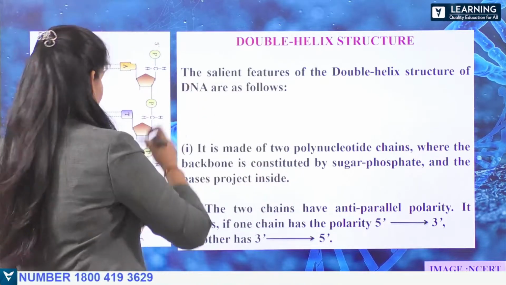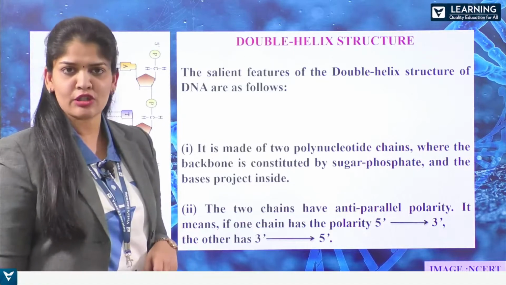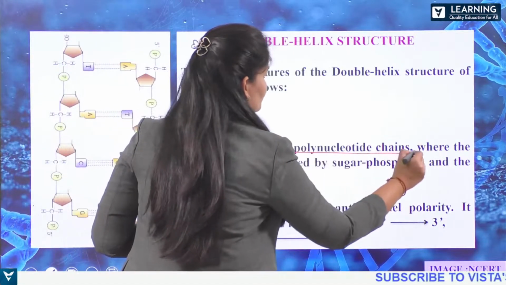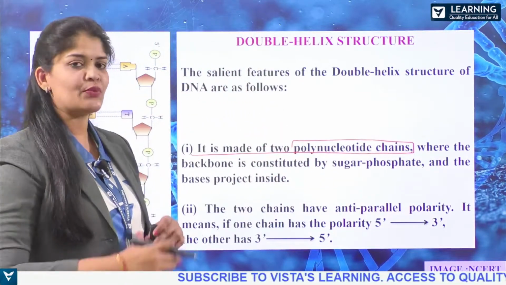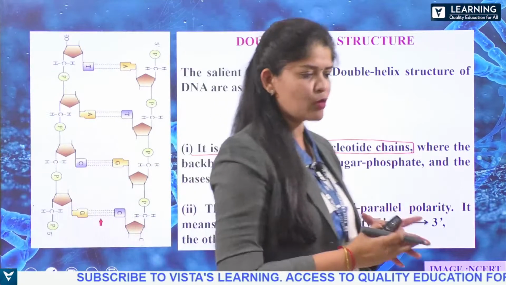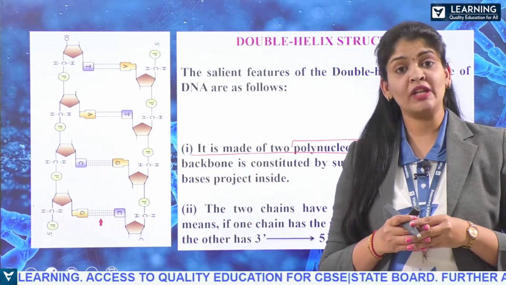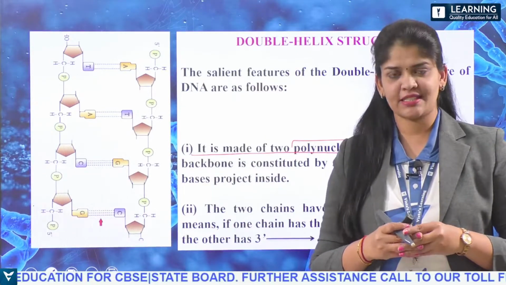Coming to the salient characteristic features of the double helical structure of DNA, it is made up of two polynucleotide chains. As we already discussed, the monomeric units of nucleic acids are nucleotides, right?